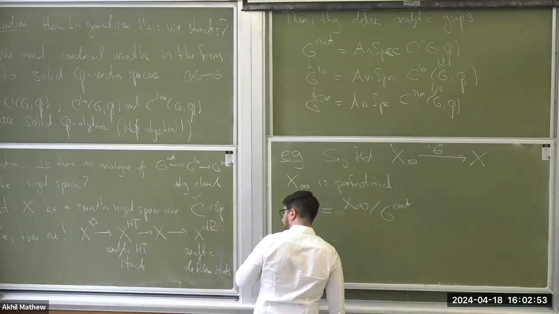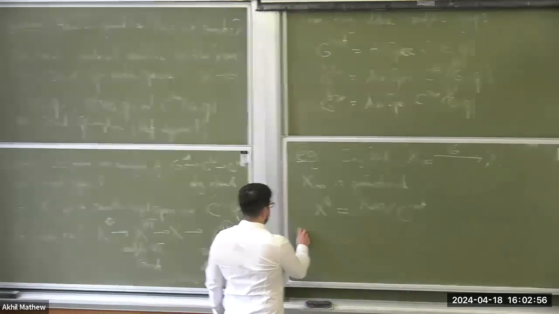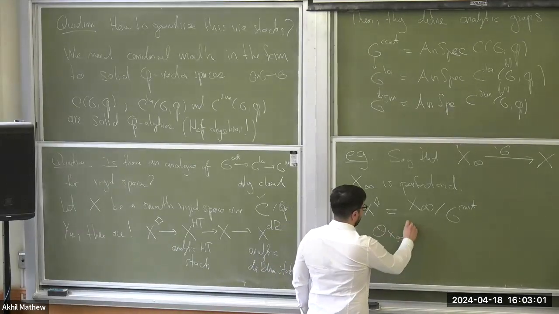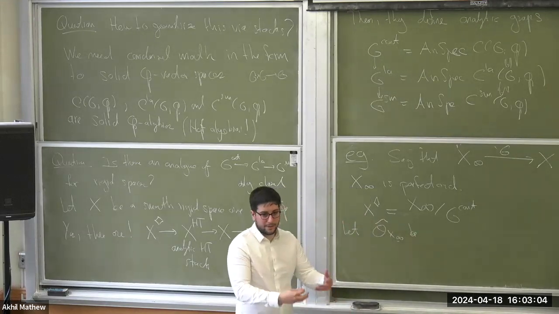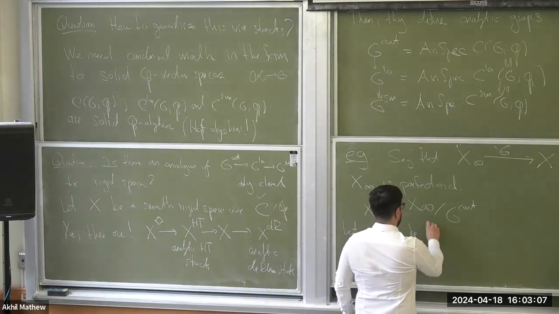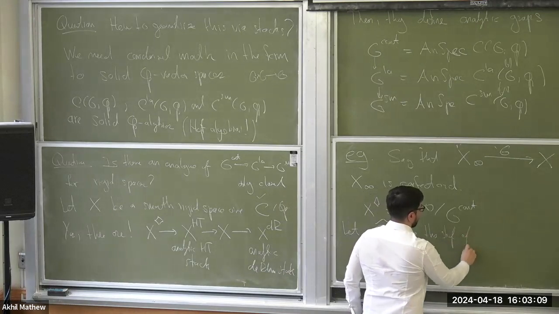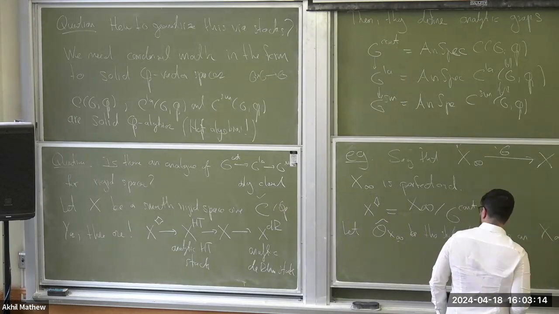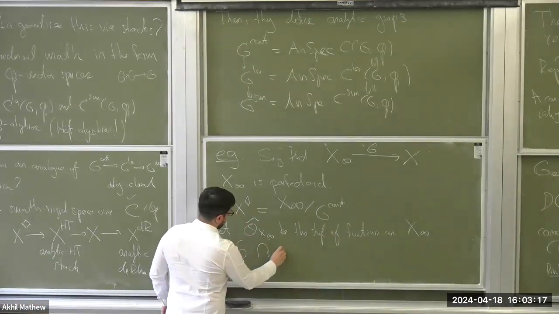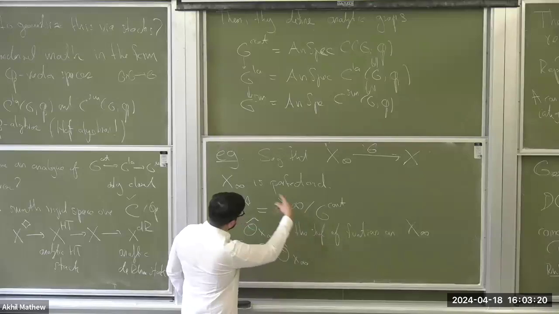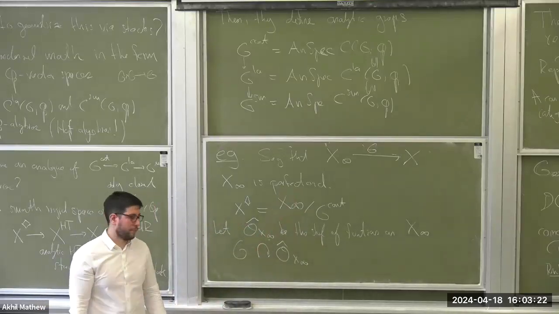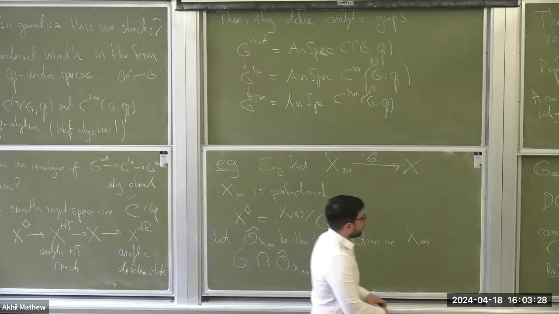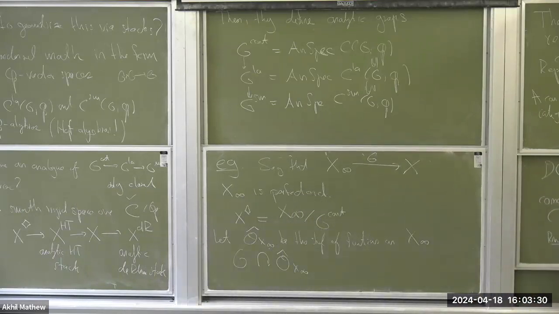So let O be the sheaf of functions on X infinity. Then we have an action of G on the sheaf, meaning that for any open subgroup stabilizing an open, we have an action of functions. So we have an action of G on the space.